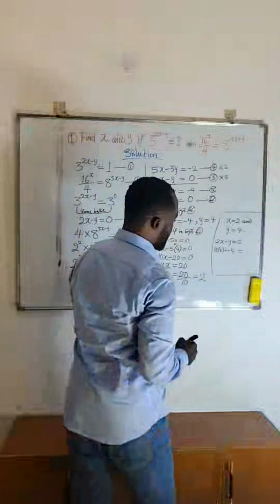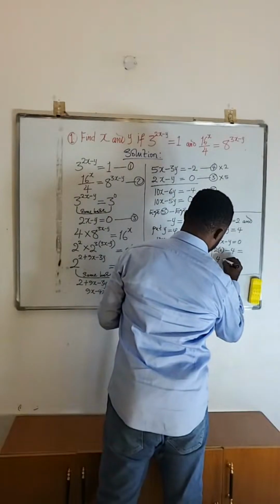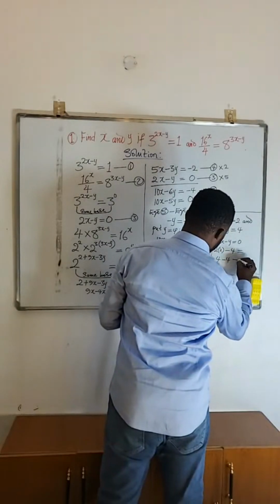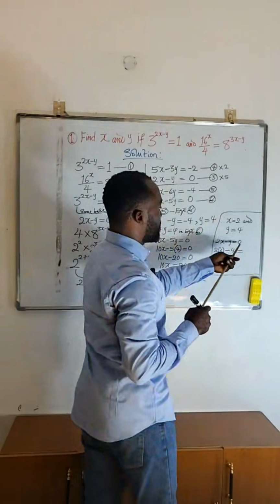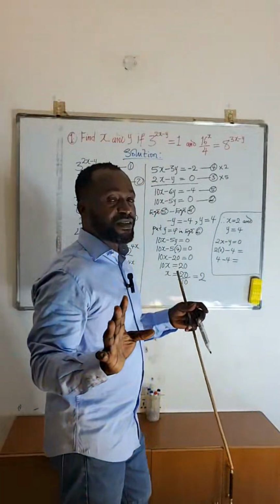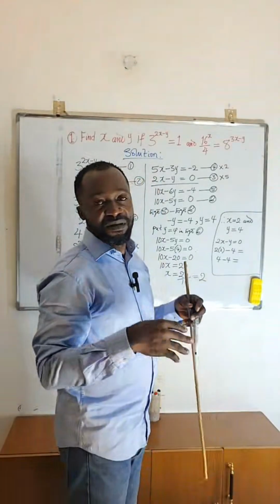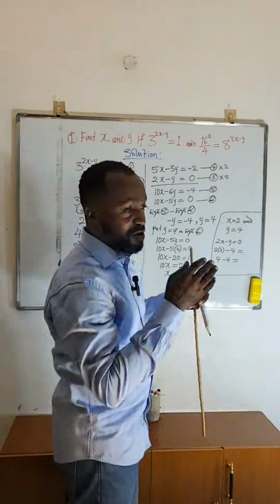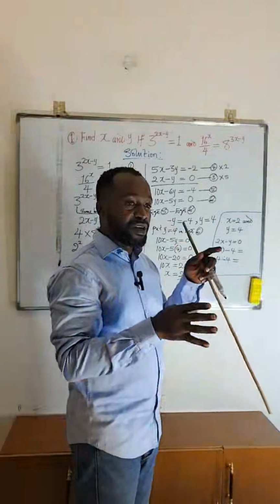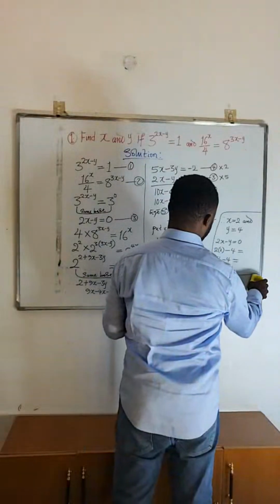What would that be? 2 times 2 is 4, and then minus 4 will give us what? 0. So that's just a simple test of how you can test the values of any simultaneous equation. It is just to impute those values where you have x and y or any other variable.